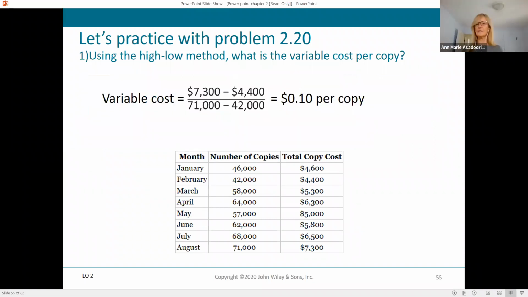Perfect. Change in cost over the change in volume, right? So you have the high volume and the cost at that high volume. That's your highest point. Then here's your low volume and cost at low volume. Change in cost over change in volume is going to tell you that the variable cost, or the slope of that line, is going to be 10 cents per copy.